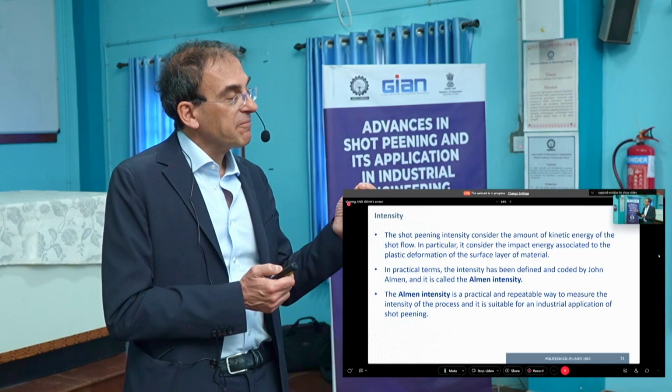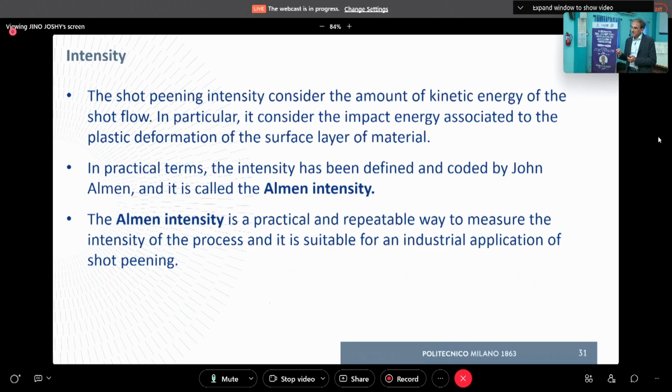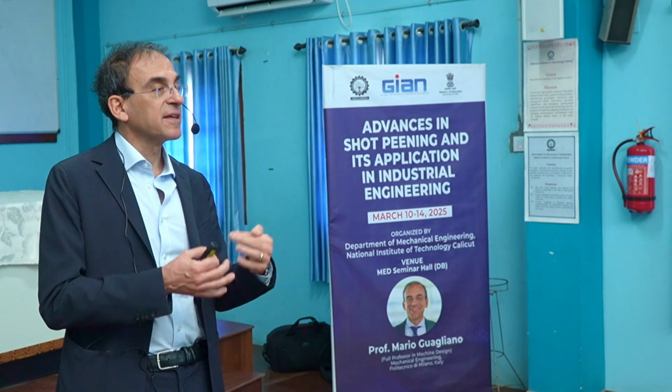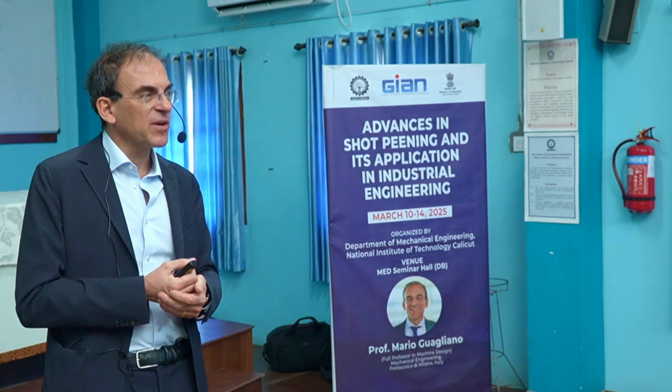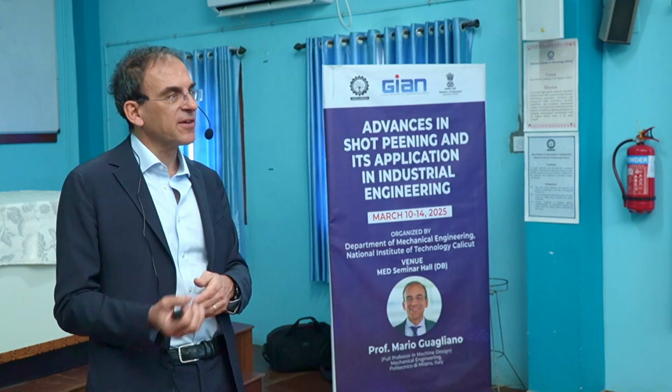How can we use this concept with respect to a process parameter? How can we use this concept for defining a shot peening intensity? Indeed, we need something easy and fast. We want to apply this definition in an industrial environment, in an industrial line, so we don't need something that needs difficult calculation, long calculation, long analysis, and so on.